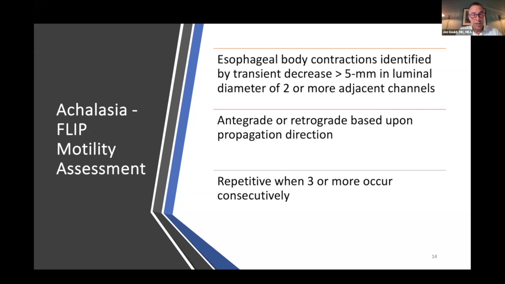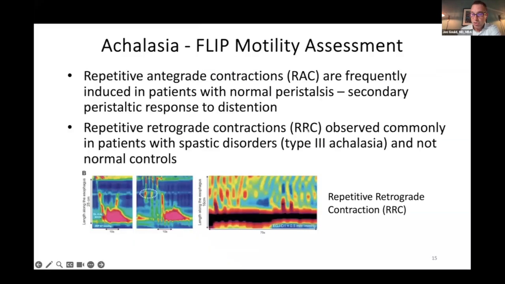So he's got a couple cases he's going to share with us, but this can be useful in some cases in defining the diagnosis. And you can see something that's called repetitive retrograde contractions, which are diagnostic or consistent with achalasia.